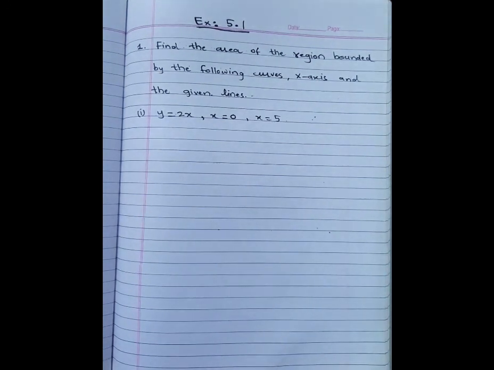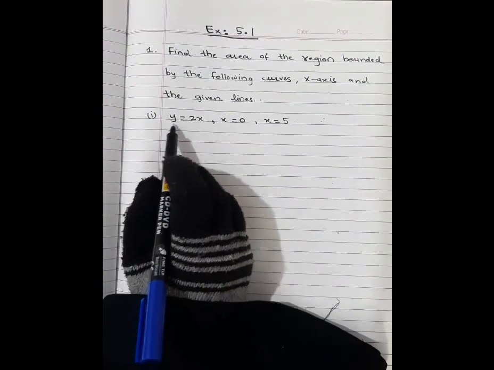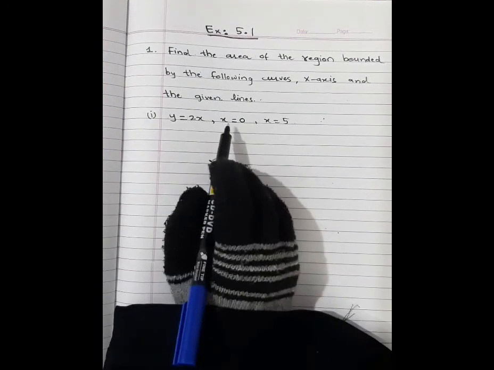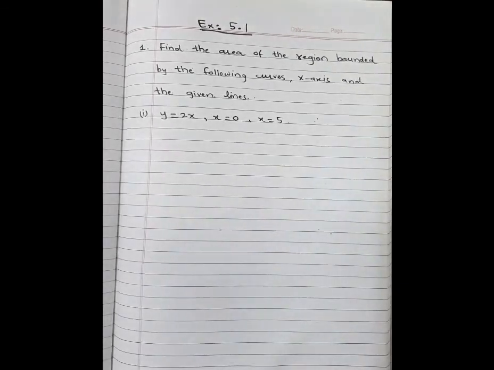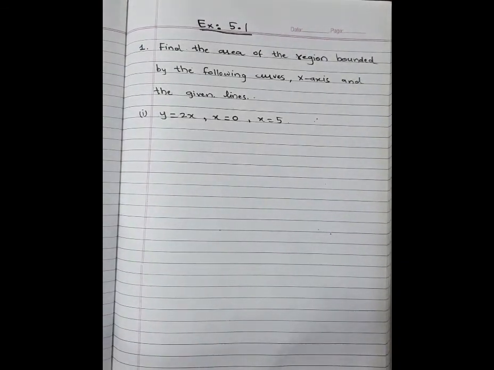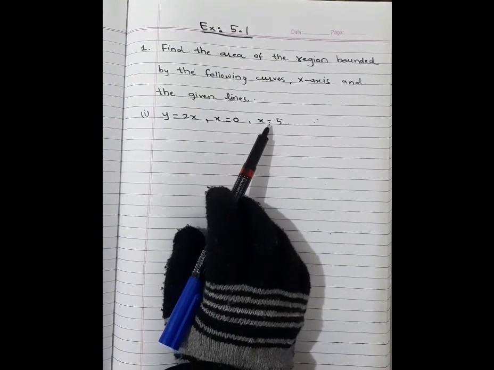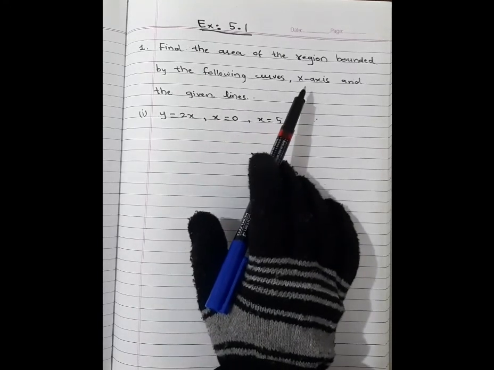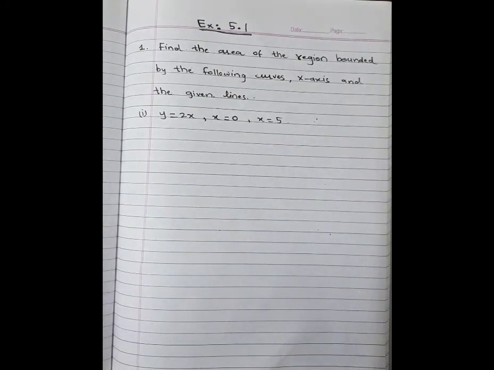So here the curve is given, y is equal to f of x, means y is equal to 2x, and the lines x is equal to 0, x is equal to 5, and the curve is with the x-axis. So we'll find the area of the bounded region.